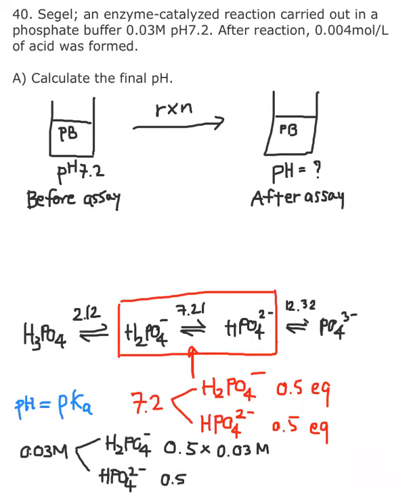The concentration will equal 0.5 times 0.03 molar. So that equals 0.15 molar for each. So this is the concentration of the H2PO4 minus and HPO4 2 minus at pH 7.2.